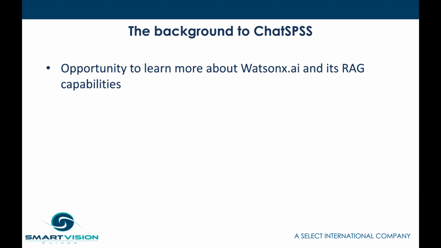If you're familiar with SPSS Modeler, Watson X AI has a version of SPSS Modeler which effectively works on the cloud. So the RAG capabilities are really just one element within it. That's the point we want to make here. And we wanted to learn about that.